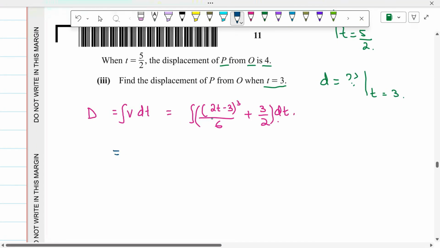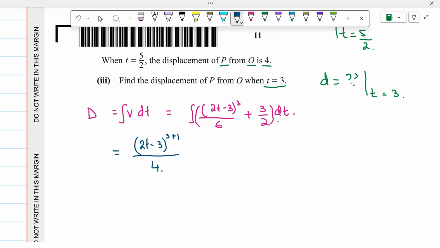So the integration of (2t minus 3) whole cube is (2t minus 3) whole to the power 4, divided by 4 times the coefficient of t, which is 2.